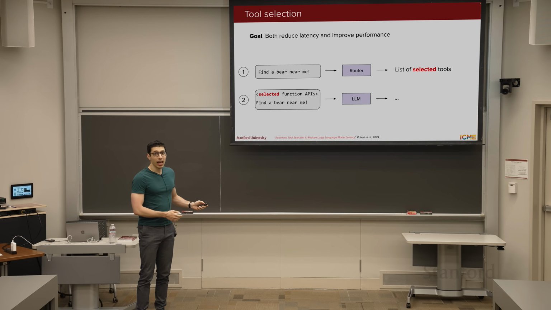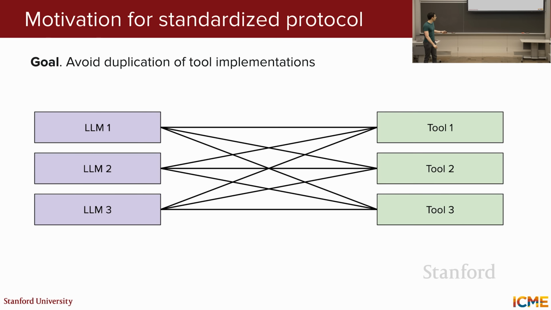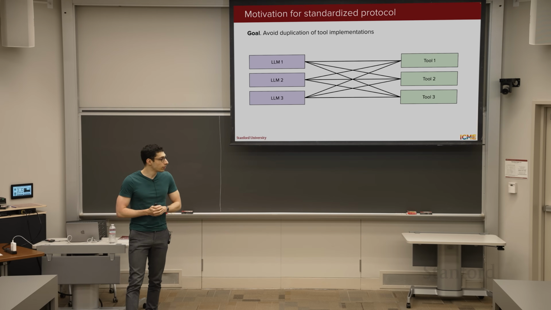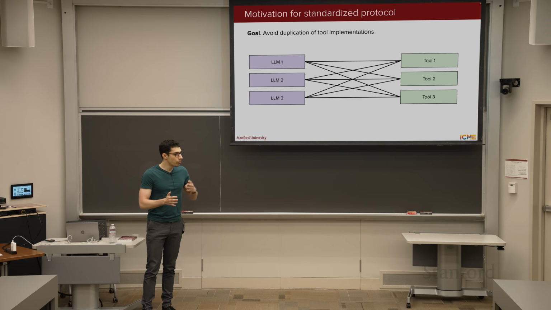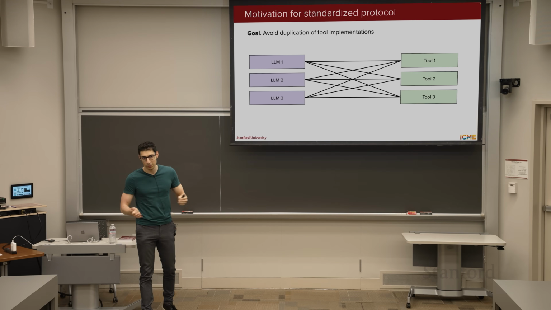Okay, great. And I see time is flying, so we're going to go very quickly on the standardization issue. As I mentioned, the way you specify a tool implementation can be bespoke to a given LLM, and you wouldn't want that, because for every LLM, you might need to implement these tools over and over again.